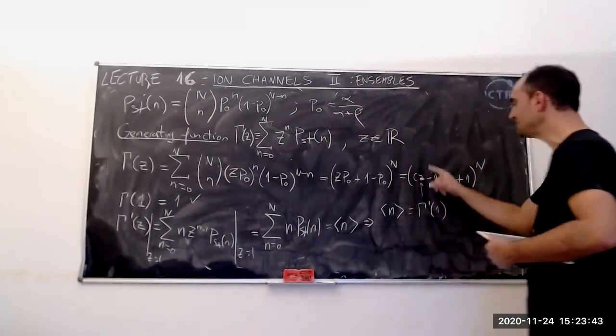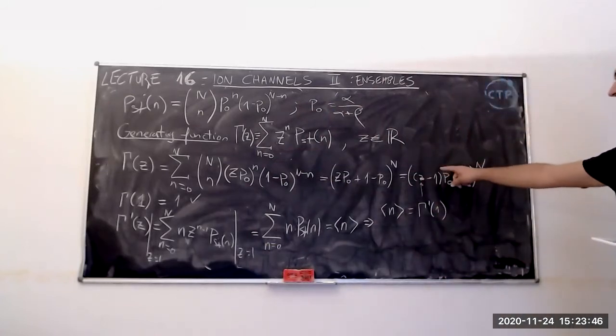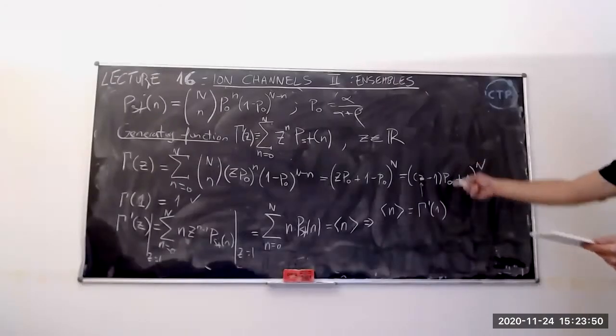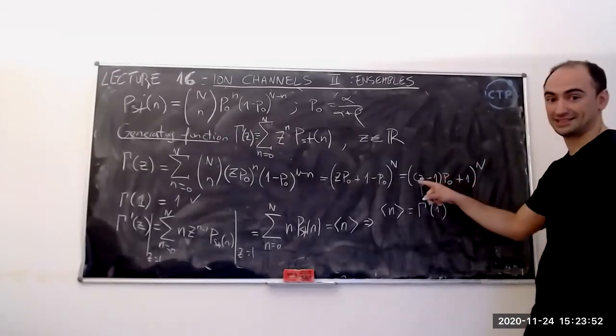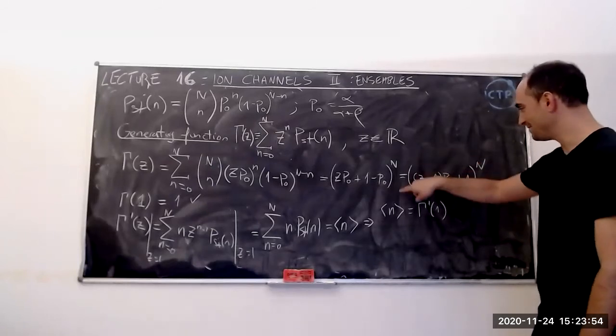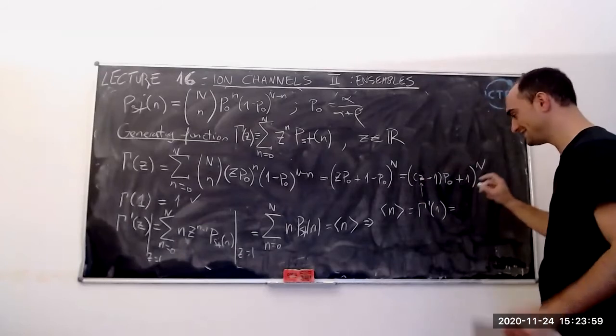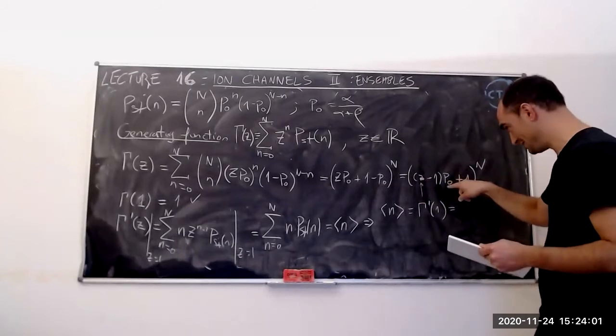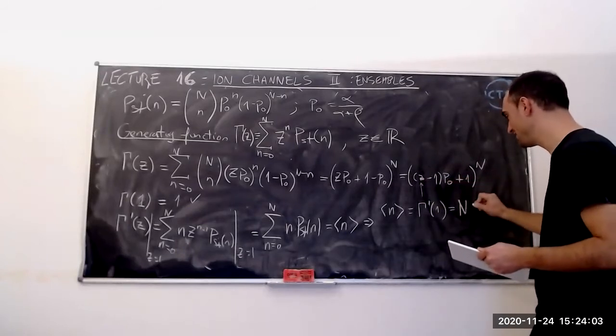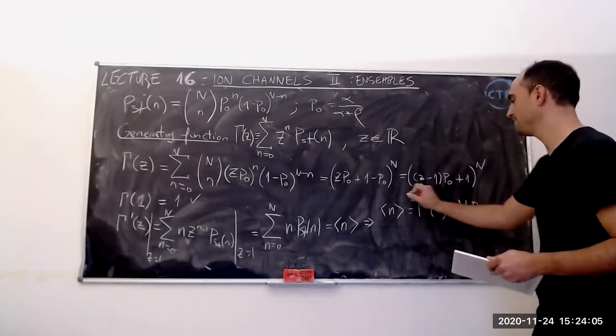I take the derivative, the n comes down, Z equals 1, this goes to 0, so basically just p0 comes out, so it's N p0. Very simple.